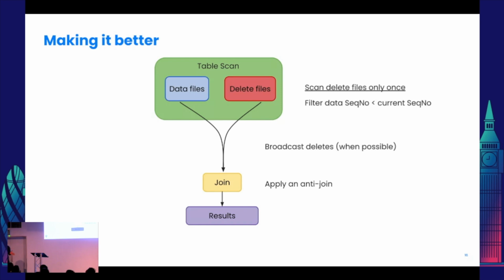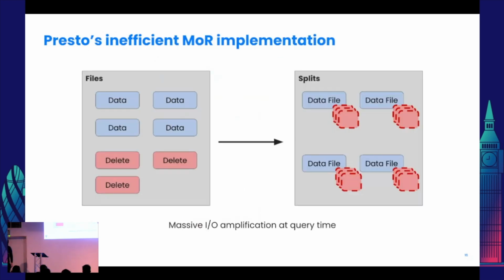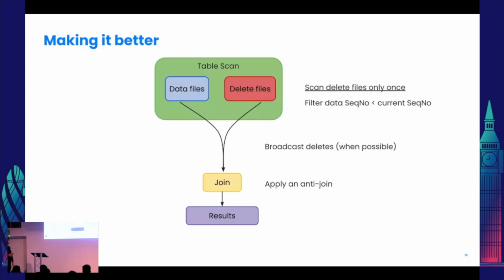So you can say, if this delete came in after this sequence number, it's just not relevant, so I don't have to apply it or even look at that data file. You do that, and then that's sort of a broadcast join of deletes, and you can get to the result that way. So it's read once, instead of the previous scenario where we were reading as many times as there were data files.